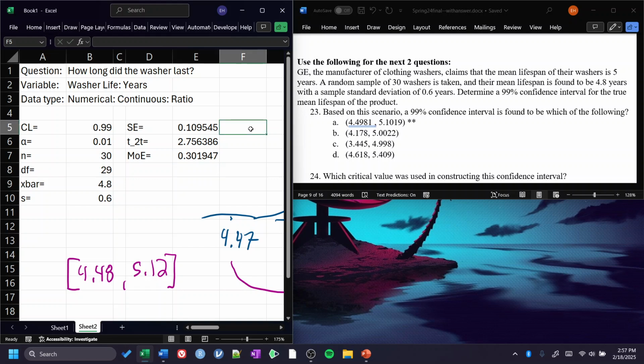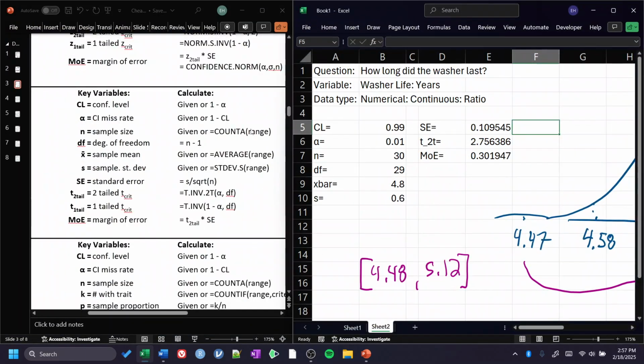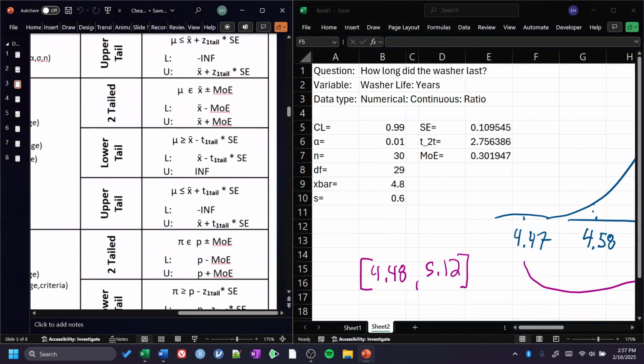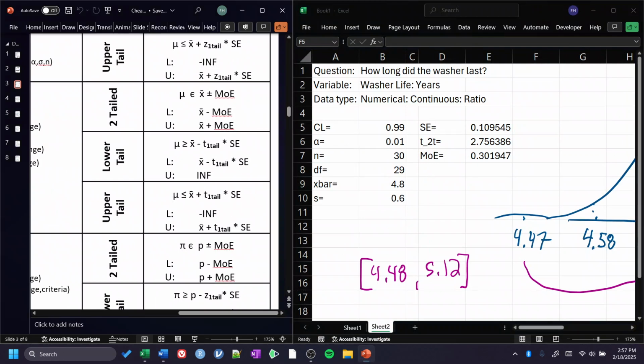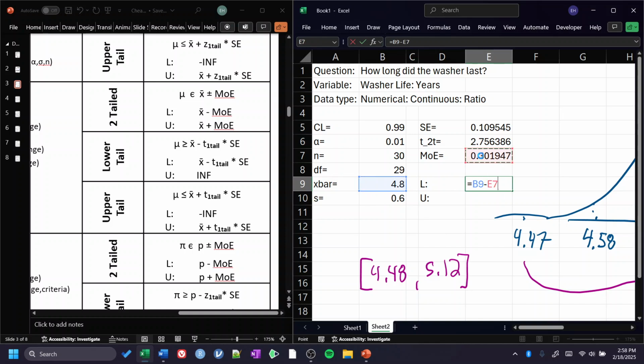Let's go back over here, bring that over. How do we calculate out a two-tailed confidence interval? Oh, the lower and the upper is just x bar minus the margin of error and then plus the margin of error. So we'll call lower and upper. The lower is just going to be equal to x bar minus margin of error.